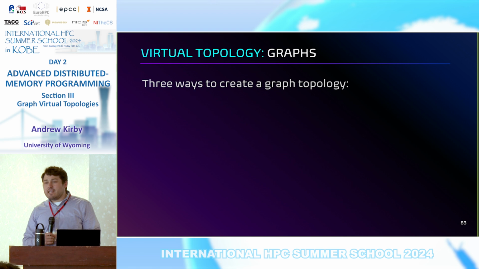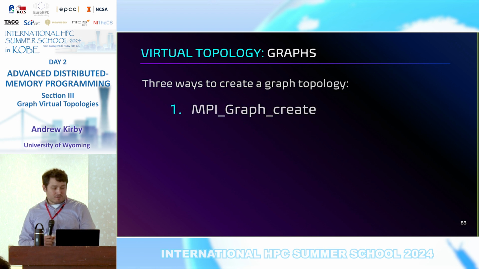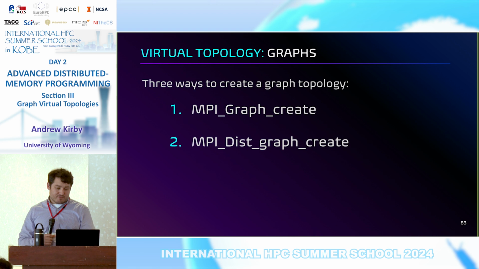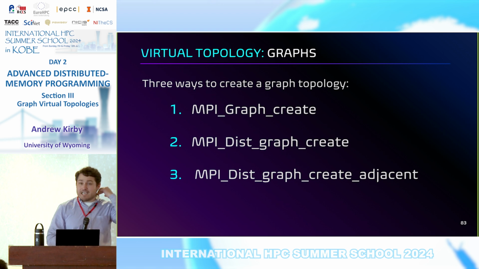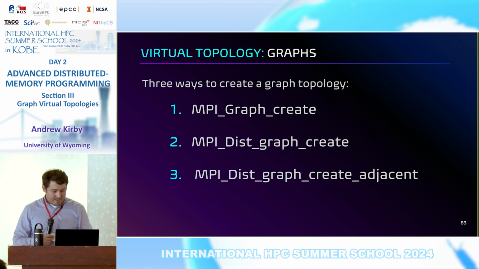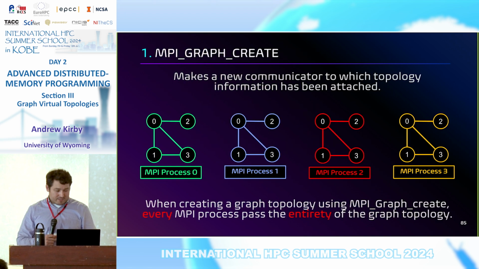So in MPI, there are 3 ways we can make graph topologies. The first one is called graph create. Second one is distributed graph create. And then lastly is a special case, dist graph create adjacent, okay? But it's really the second one in the middle that is the most generic. And we'll see each one of these, okay?